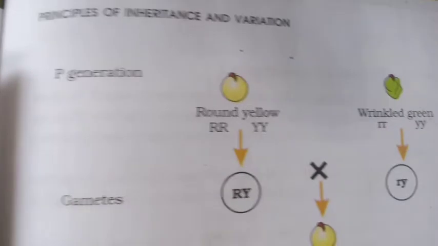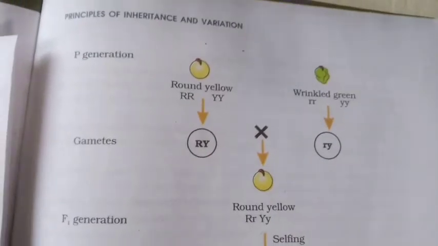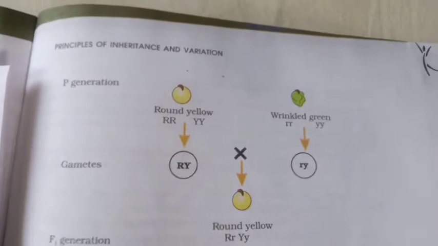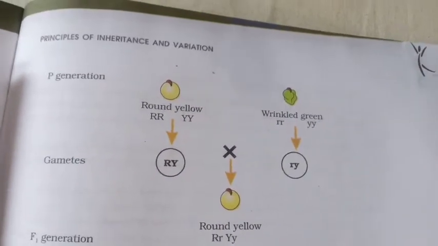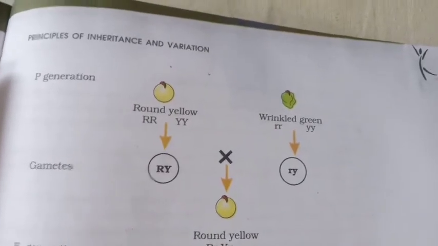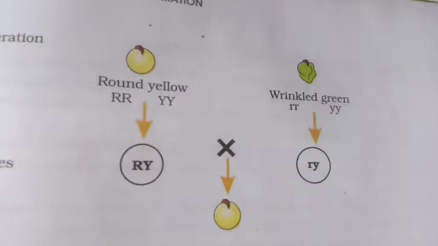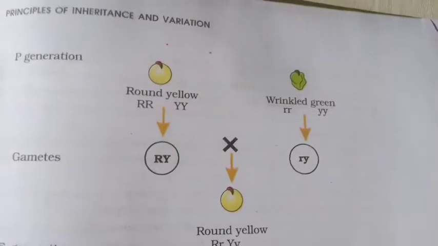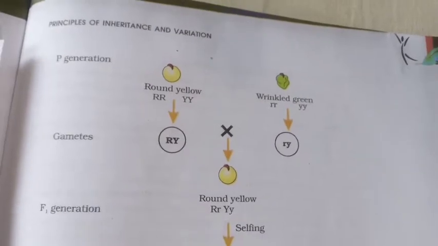This is the parental generation, wherein the cross was made between the plants with round and yellow seeds and the plant having wrinkled and green colored seeds.